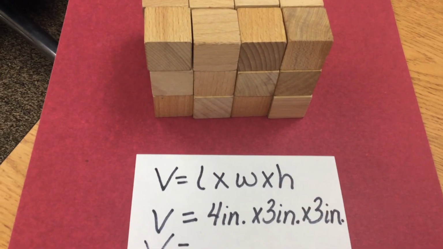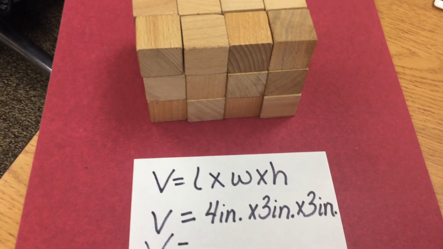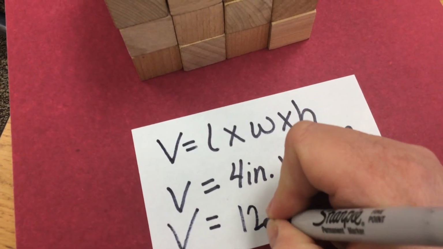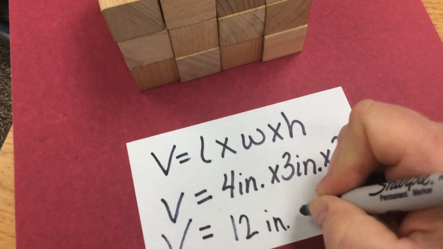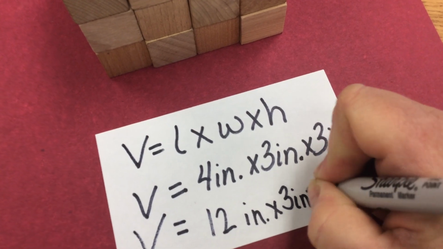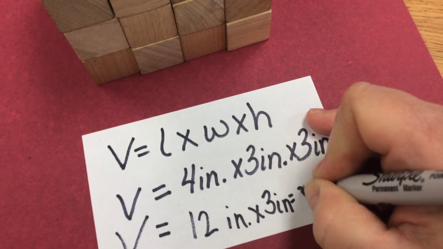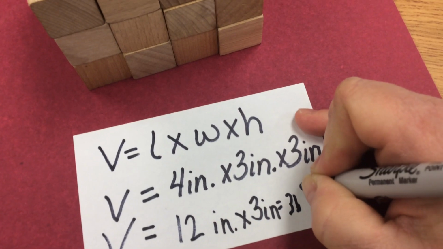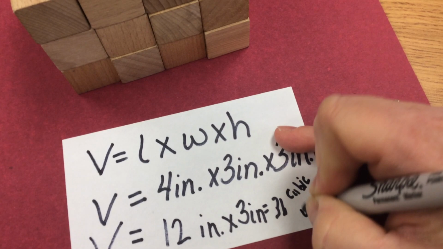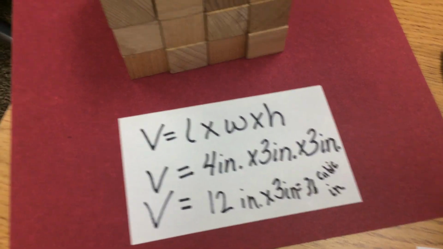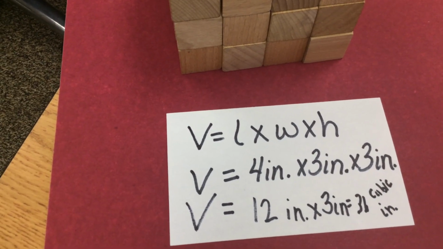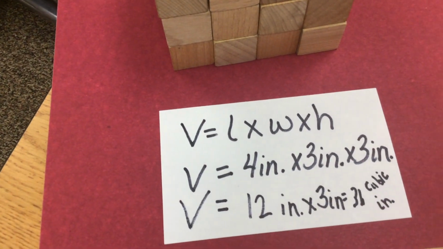And we know that 4 inches times 3 inches is 12 inches. And 12 inches times 3 inches equals 36 cubic inches. I can't write that neat enough. I'm sorry, not 33, 36 cubic inches.